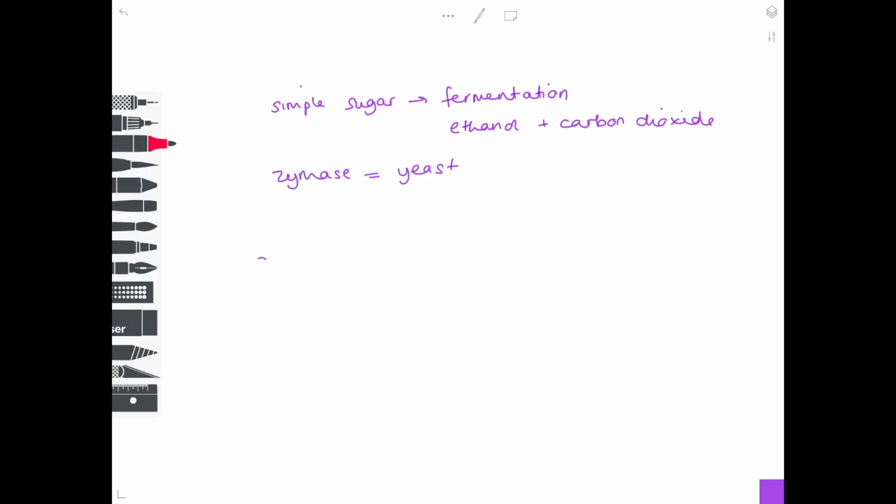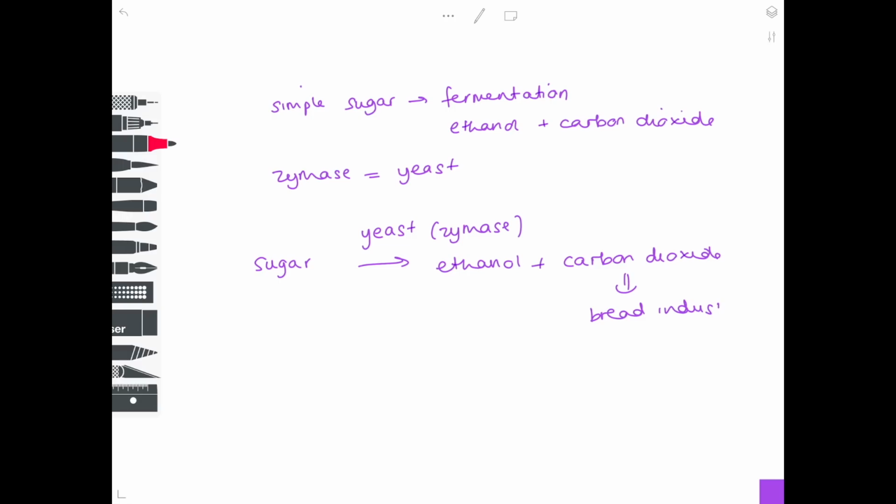So just to show how this would work, we have yeast containing the zymase enzyme, and that produces ethanol and carbon dioxide as byproducts, which can then be used in bread industry to help the dough rise, and in just making general alcohol for human consumption. In this process, remember, it requires the anaerobic respiration of yeast to produce these useful byproducts.